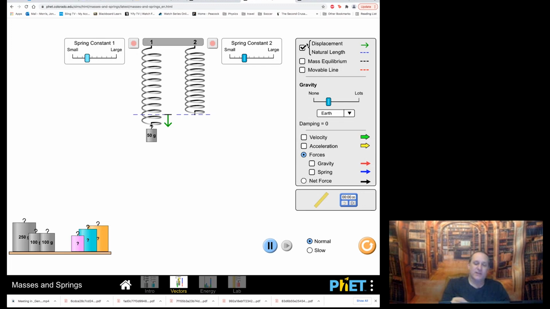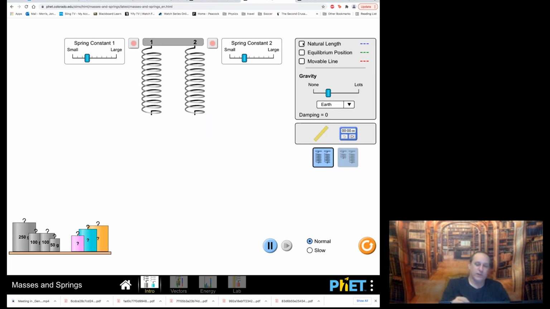We can, in fact, show the natural length here, and we can show, let's go to the introductory. We can show the natural length and the new equilibrium position.